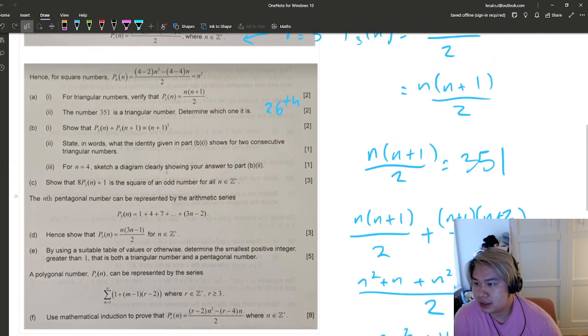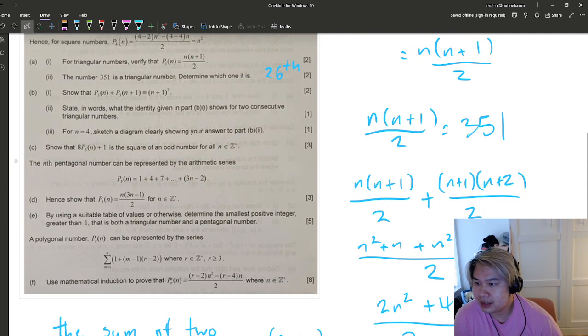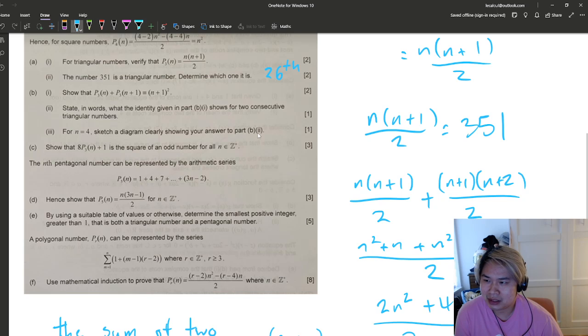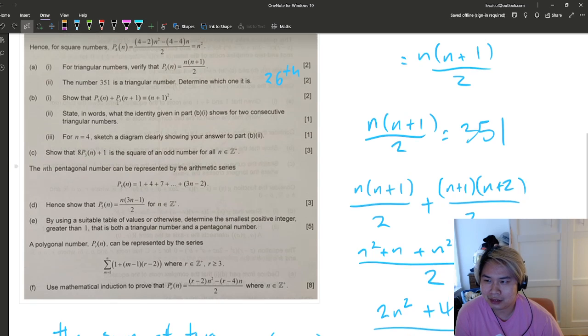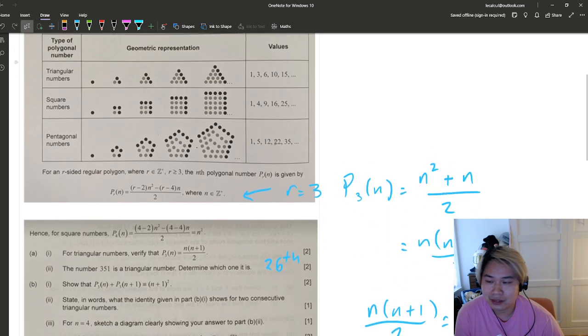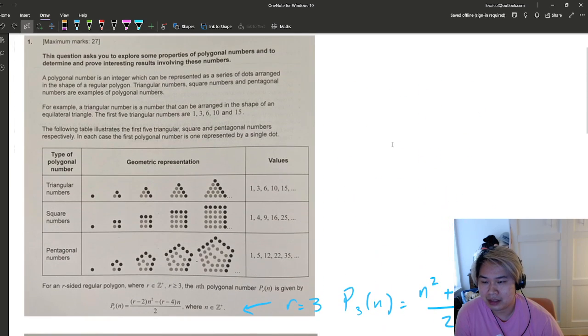But okay, sure, whatever. For n equals 4, sketch a diagram clearly showing your answer to part b(ii). So I'm just showing the 4th triangular number, and right here, the 4th triangular number is 10, and then this one's 15. Let me just write here.